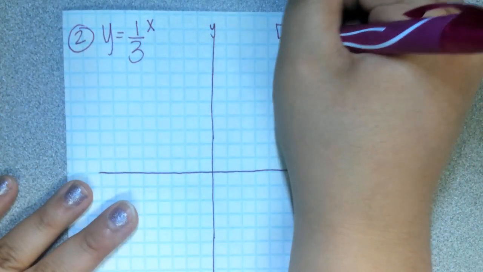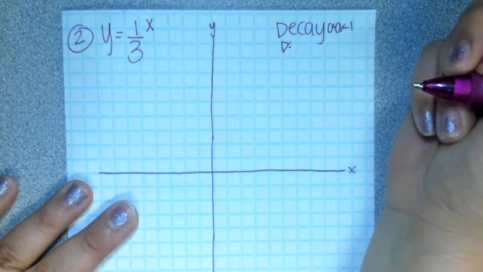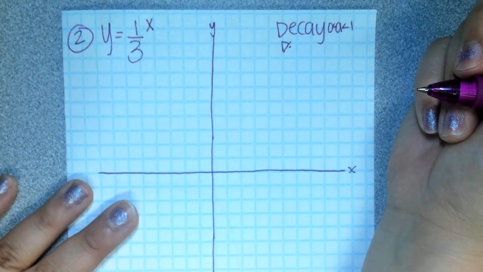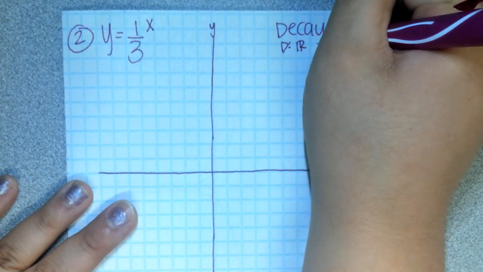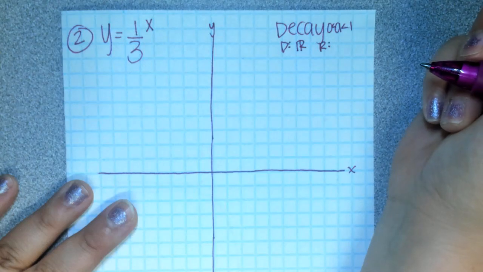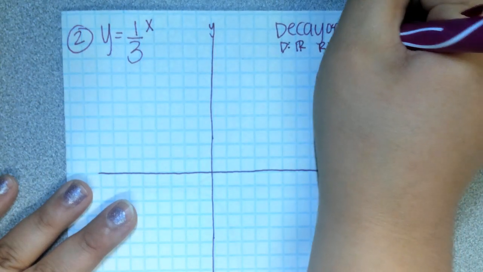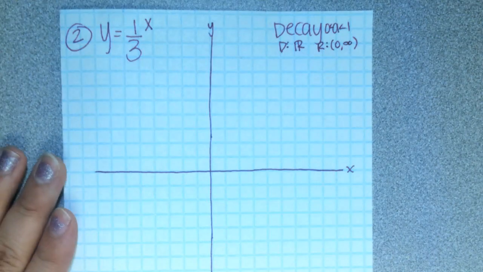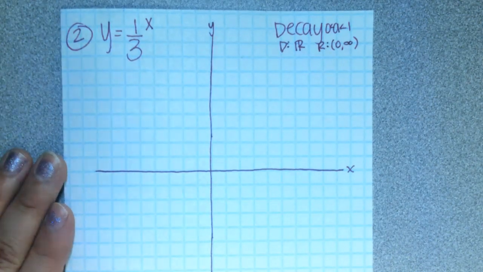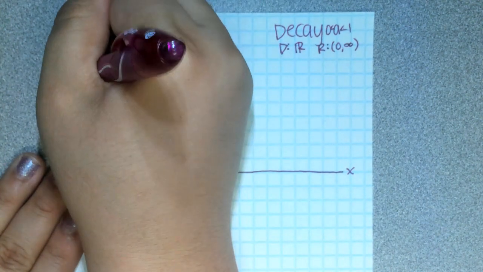What's my domain going to be? All real numbers. And what's my range going to be? 0 to infinity. So just because it's decay, again, your range is still 0 to infinity. And I am again going to make a table.